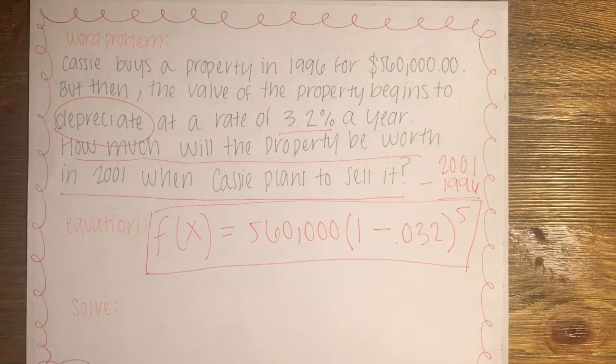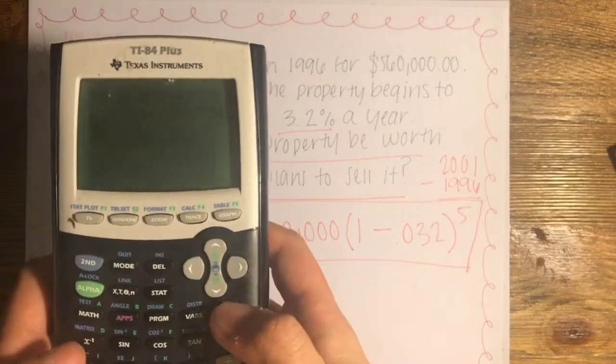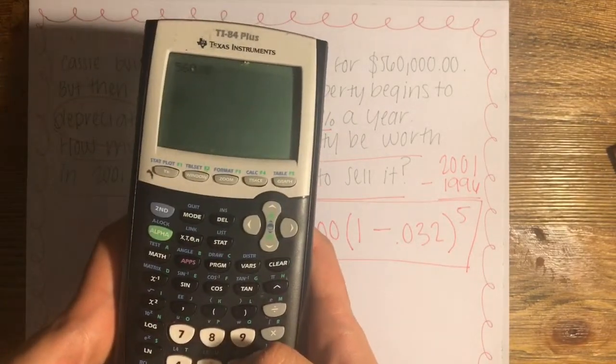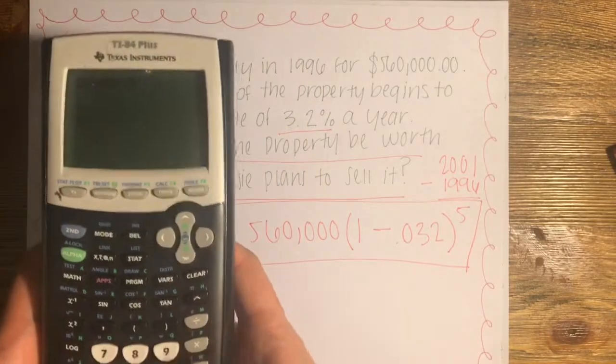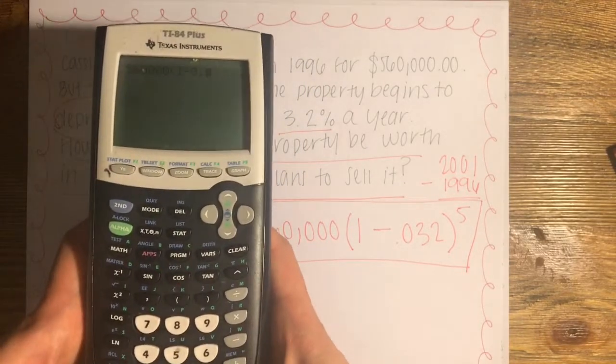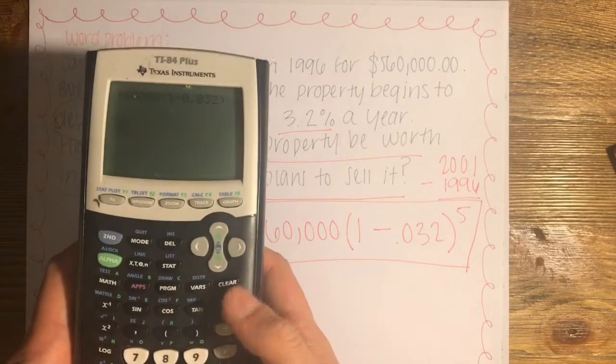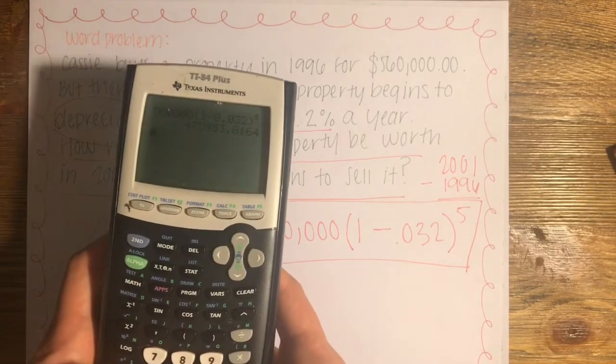And we're going to plug it into our calculator the exact same way. 560,000, parentheses 1 minus 0.032, close parentheses, to the 5th power.